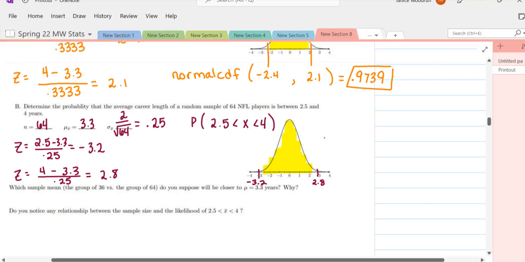Okay, so then we're going to go normal CDF, negative 3.2, 2.8.